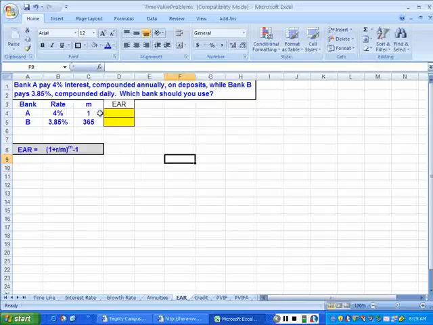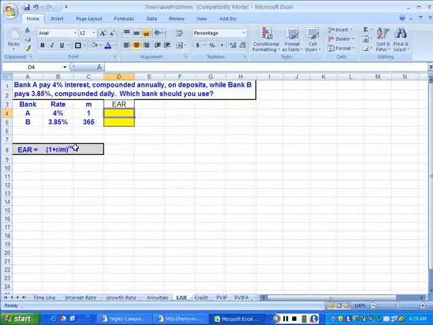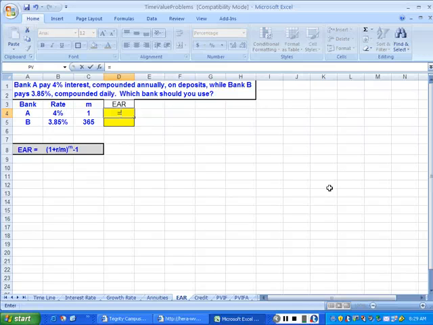Now, on an annual basis, this EAR formula is just going to give us back 4% when it's only being calculated once a year. So let's go ahead and pop in place what we've got right here into this expression. So it's equal to 1 plus, and we want to choose the nominal rate divided by small m.